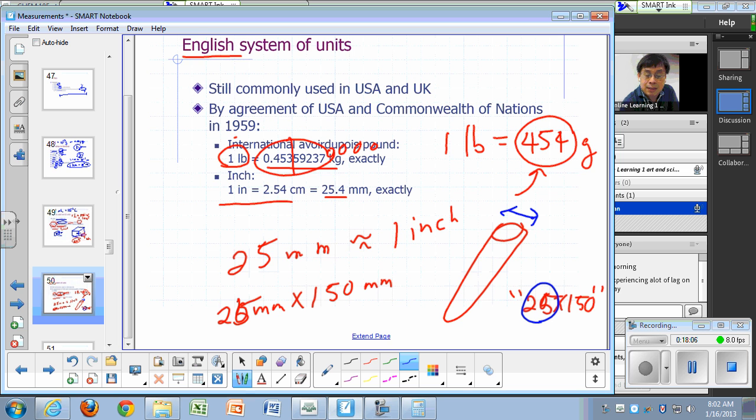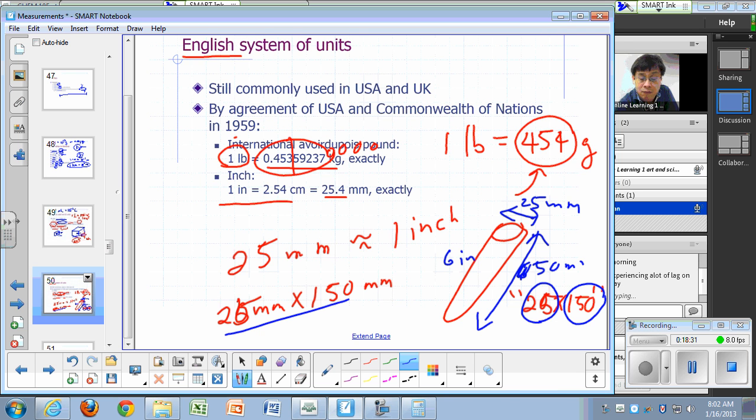You're looking at a test tube whose diameter is about an inch. So that's a 25 millimeter diameter. And 150, okay, 25 times 6 is 150. So that's 150 millimeters, about 6 inches approximately. So you look for a test tube that is about 6 inches tall and about 1 inch wide, if you're looking for a 25 by 150 test tube.